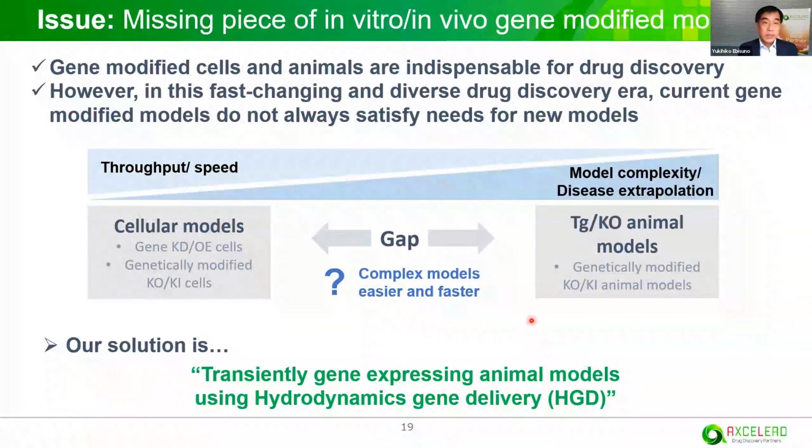As you know, gene modification is the symbol for drug discovery, but the current gene modification model is time-consuming. So our solution is a transient gene expression animal model using hydrodynamic gene delivery, HGD.